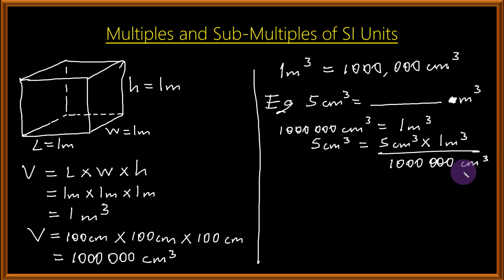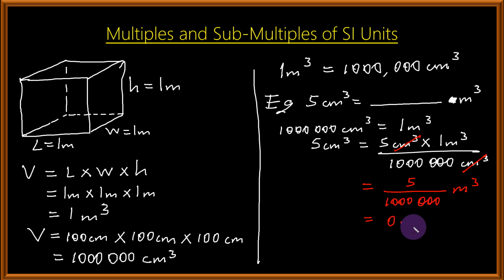And just like before, you will see the centimeters cubed will cancel out, and my answer will be 5 times 1, I get 5, divide by 1 million, and the remaining unit is meters cubed. And this will be 0.